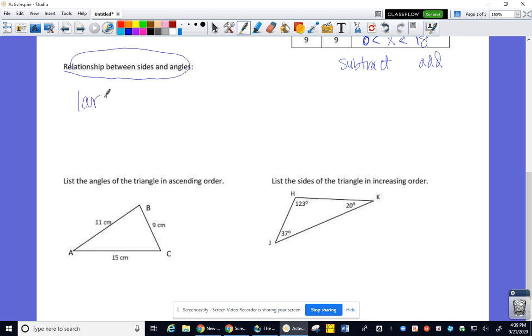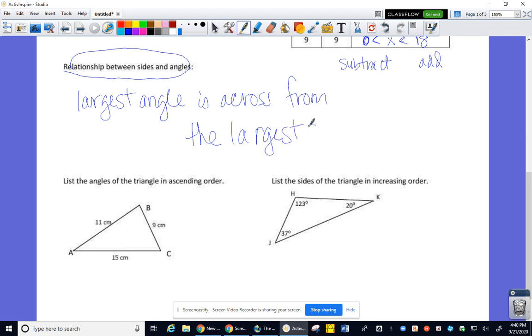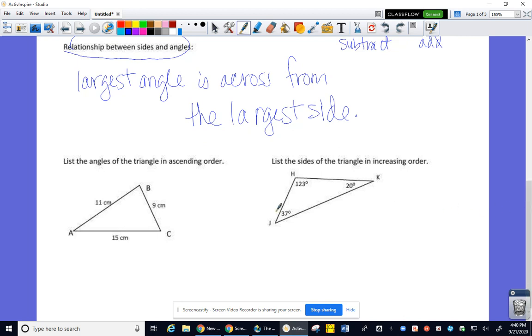The largest angle is across from, or opposite, the largest side, and vice versa. Okay, the largest side is across from the largest angle. Same thing for the smallest and the middle. They all are across from the one that they relate to.